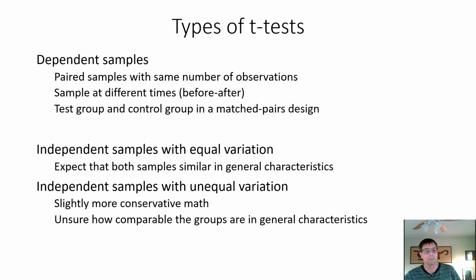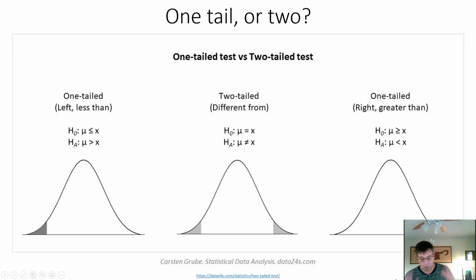These are the two different types of independent samples, and the unequal variation is slightly more conservative math. They're two samples, and just to underline, they do not have to have the same number of observations between the two, unlike the dependent samples. So we figured out the one thing, the type of test.